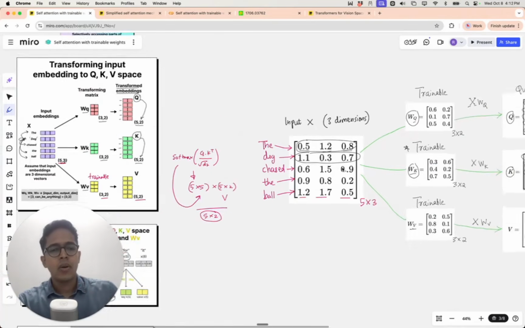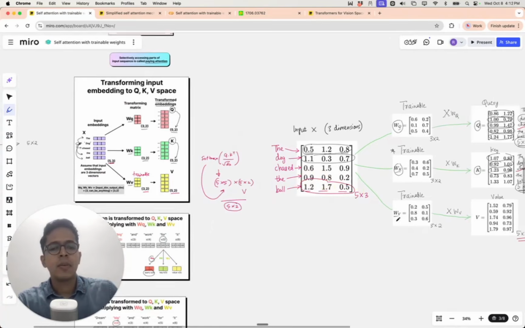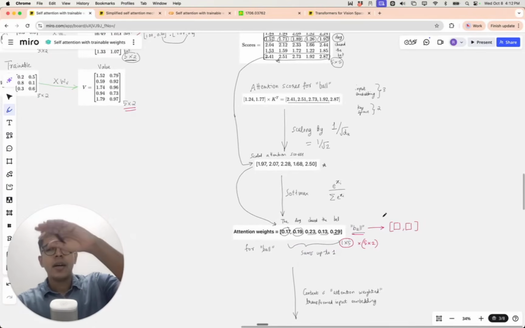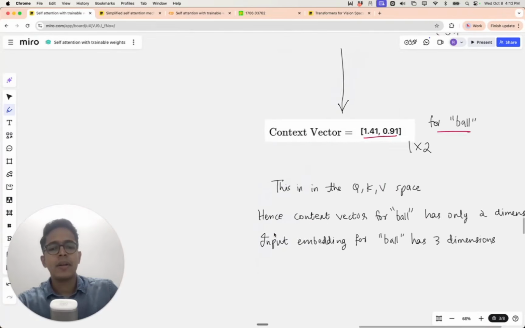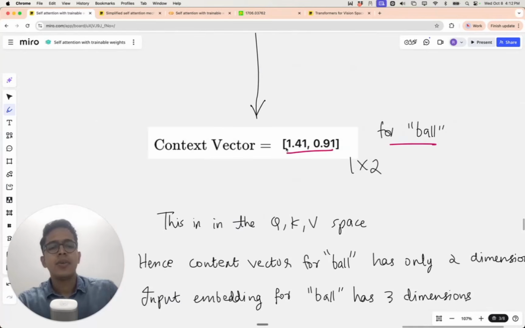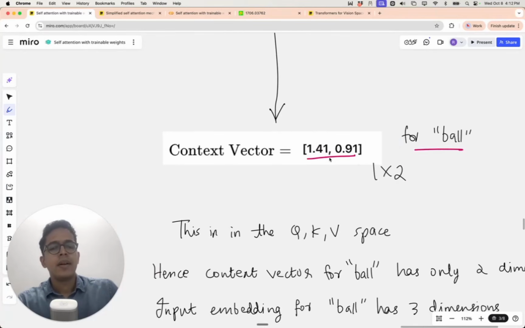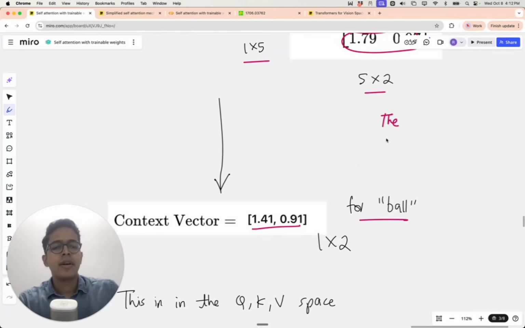But now, finally, when this 1.2, 1.7, 0.5 gets transformed through the query, key, and value matrices and through the attention weights, and finally turns into a context vector, you have these numbers: 1.41, 0.91. Like that, I have a context vector for dog, chased, and finally ball.